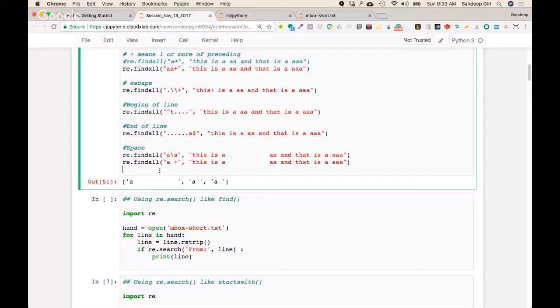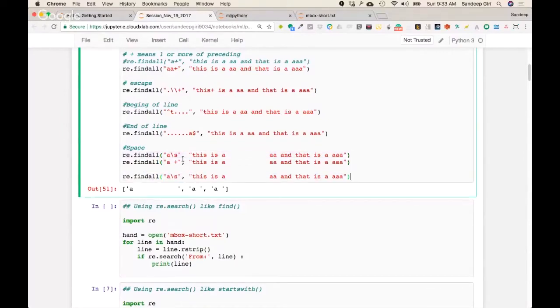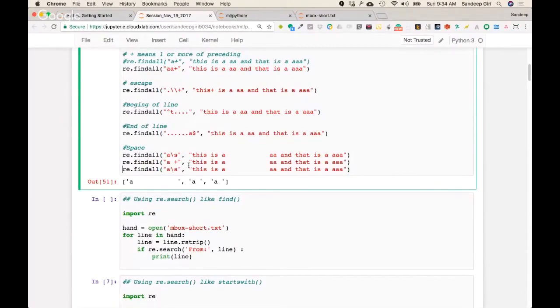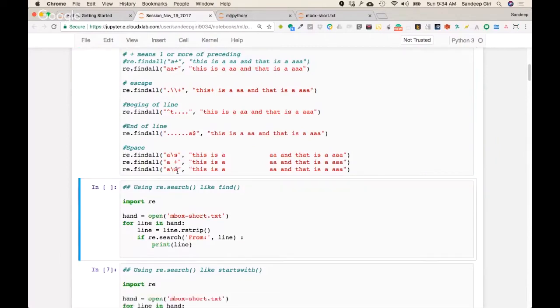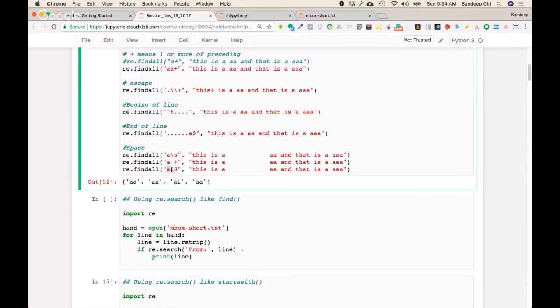And capital slash S is useful to match the non-white space characters. You can see that A followed by non-white space, capital slash capital S. All right. So basically, A followed by non-white space.